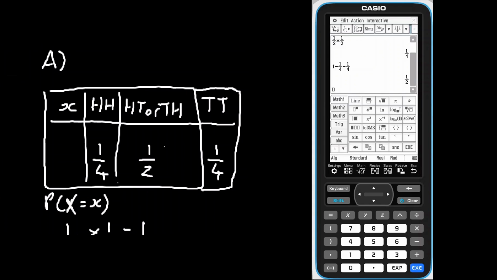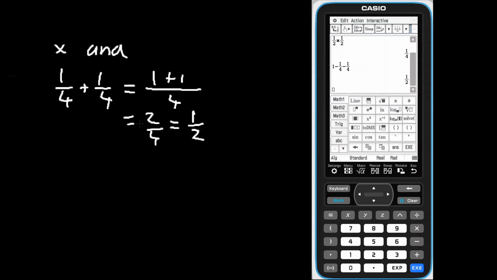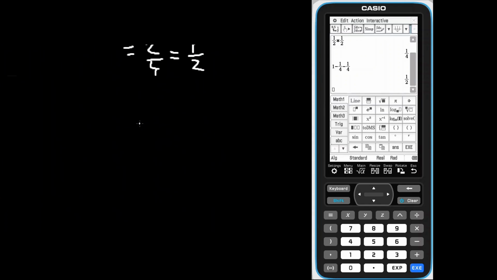Okay, so the next question is asking what happens if two coins are tossed 50 times? Okay, so you toss both the coins, right? You toss them and you do that times 50, right? Okay, what's the probability that two heads appear 10 times?